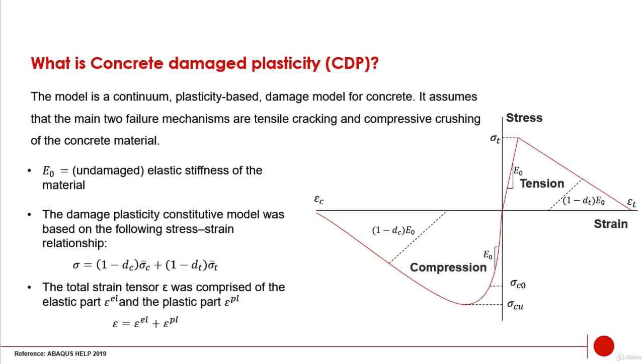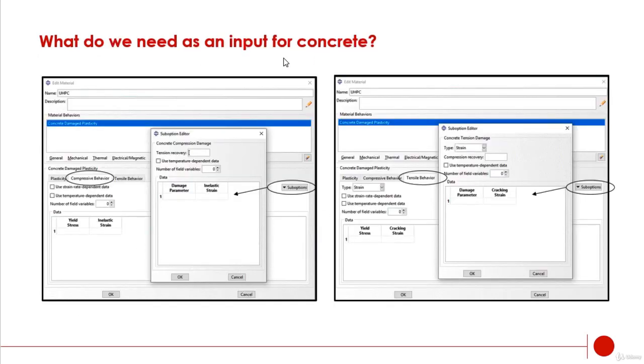So what do we need as input for a concrete material? If I add a concrete damage plasticity, I have the compressive behavior and the tensile behavior. From the sub-option, I can also add the damage parameter and inelastic strain, and the damage parameter and cracking strain.